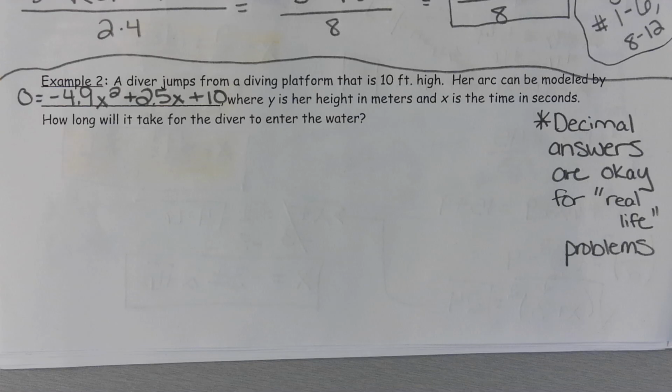Do you see where the plus 10 at the end came from though? That the person was already 10 feet in the air. And the value in front is giving you your gravitational coefficient because you're going to get pulled down to earth, right? You're not going to jump off the diving board and forever go up. You're going to go up and you're going to come down. So that's why that's negative.